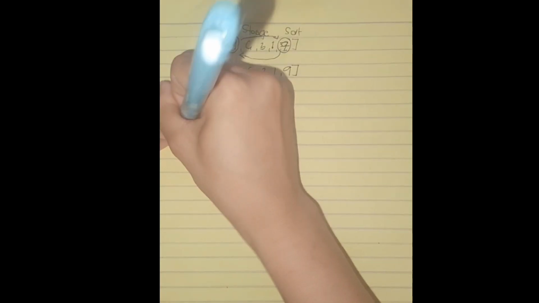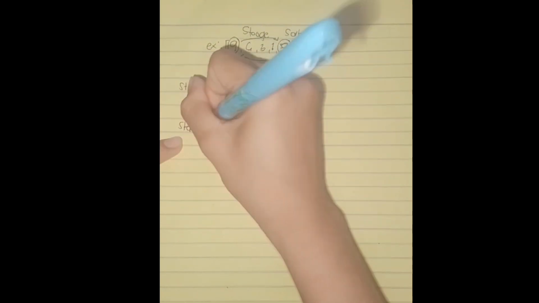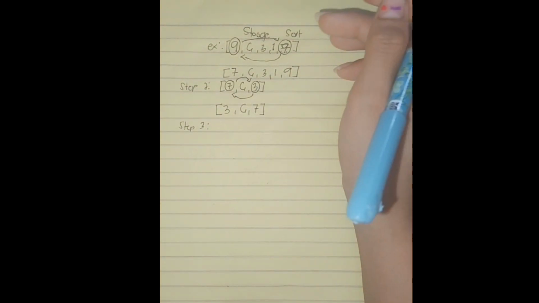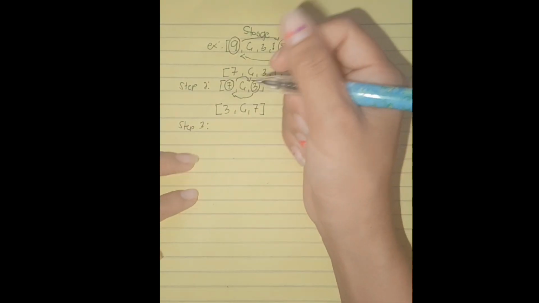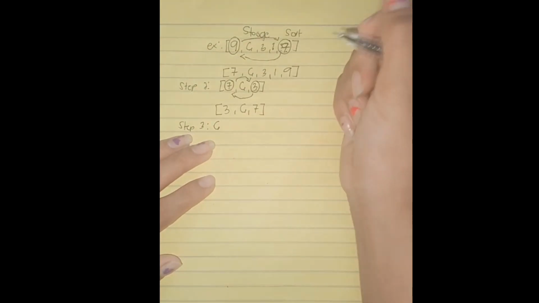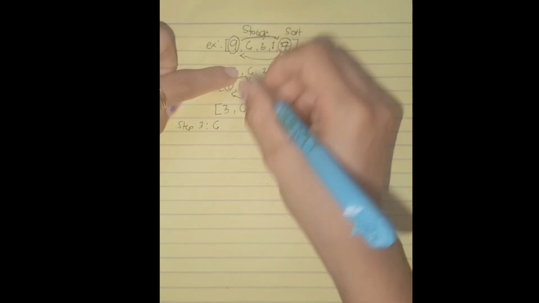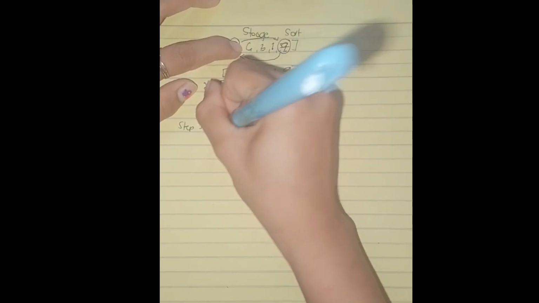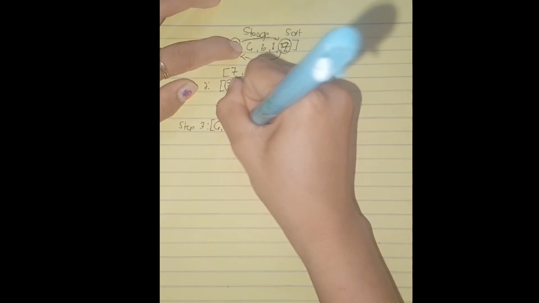In step 3, we sort the last 2/3 of the list. We take a sublist of the last 3 elements. This is the sublist: a 6, 3, and 1.